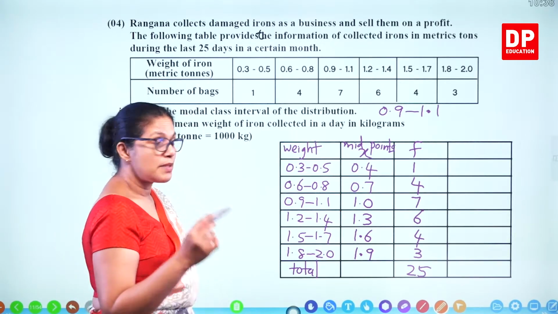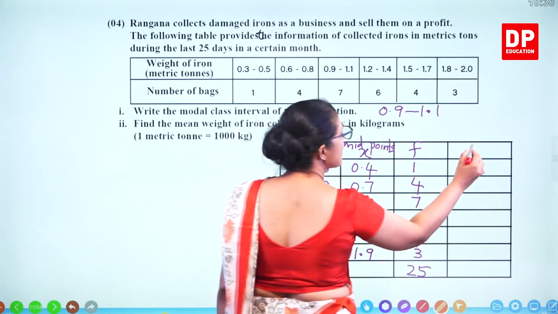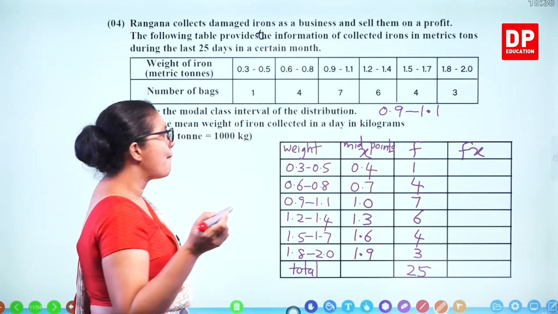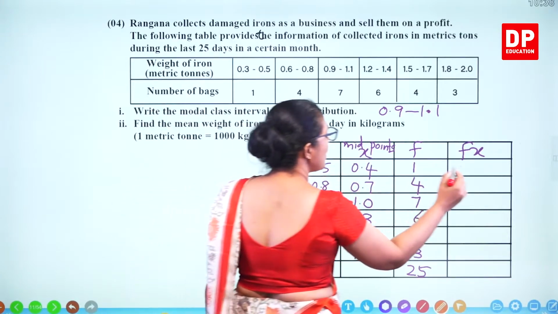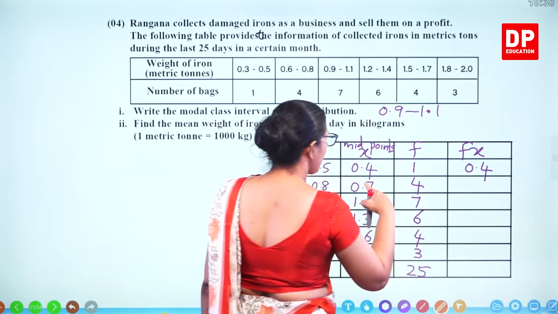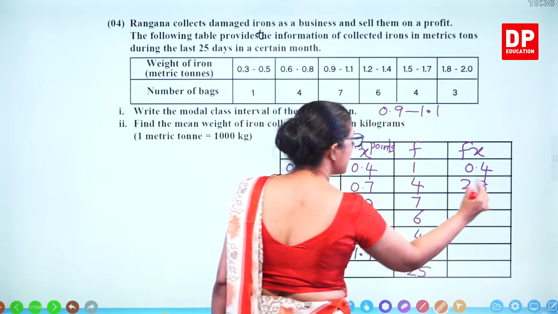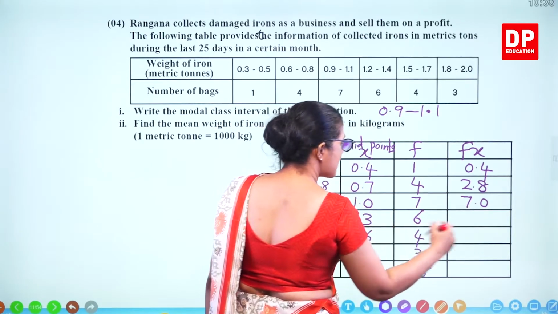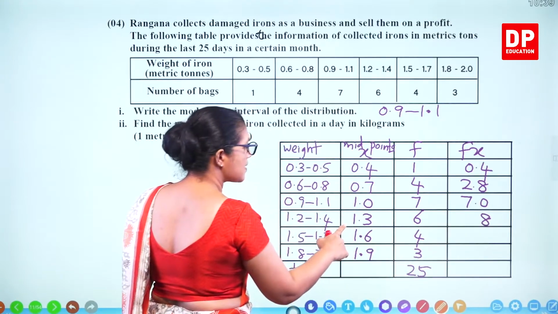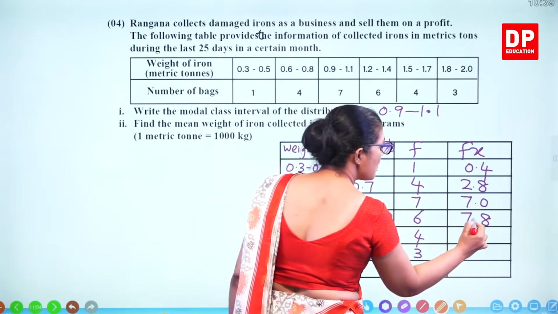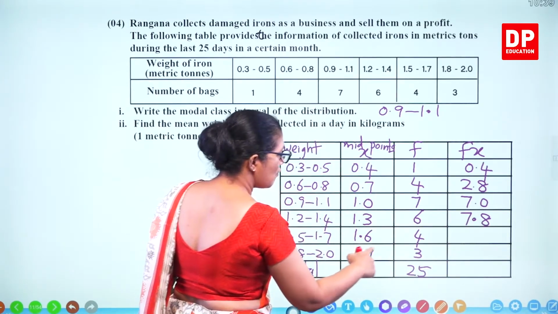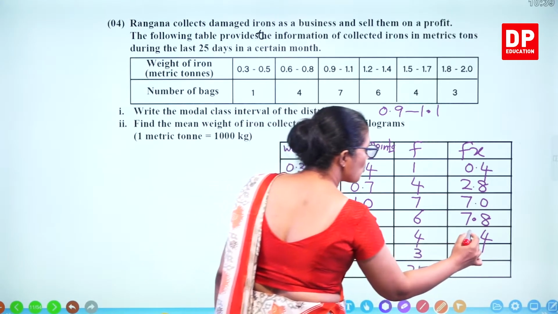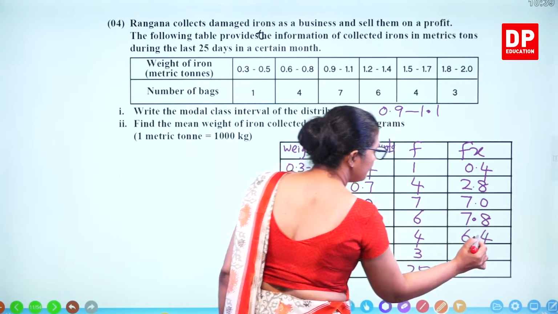Now we can multiply and find out fx, because total fx over total f is the mean value. 0.4, 2.8, 7, 6 times 3, 18, and 6 times 1, 6 plus 1, 7, 7.8. 4 times 6, 24, 4 times 1, 4 plus 2, 6.